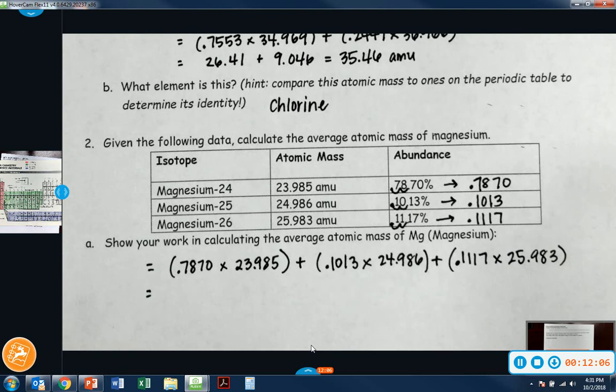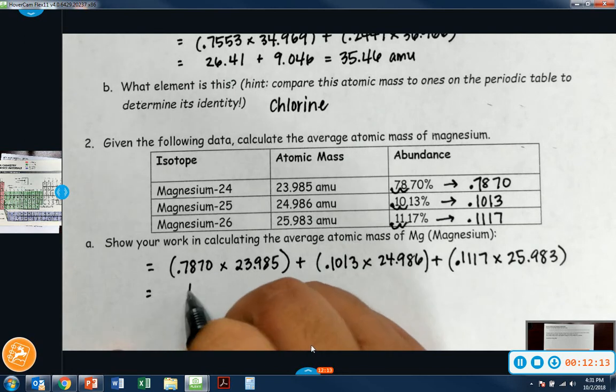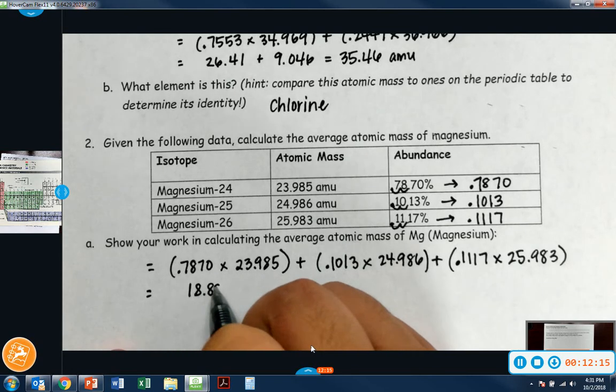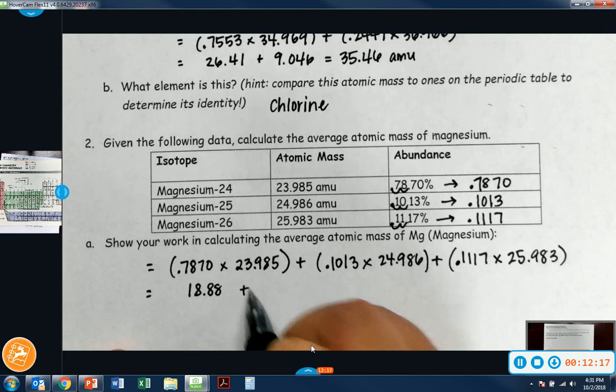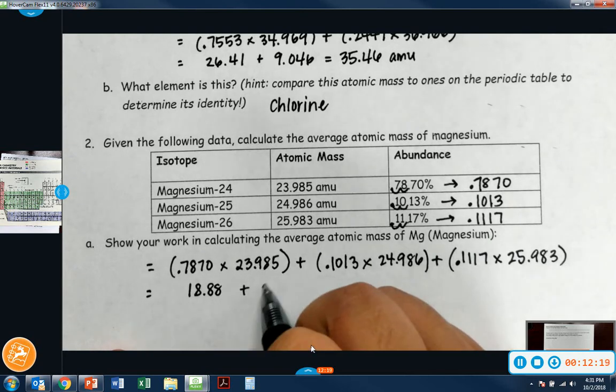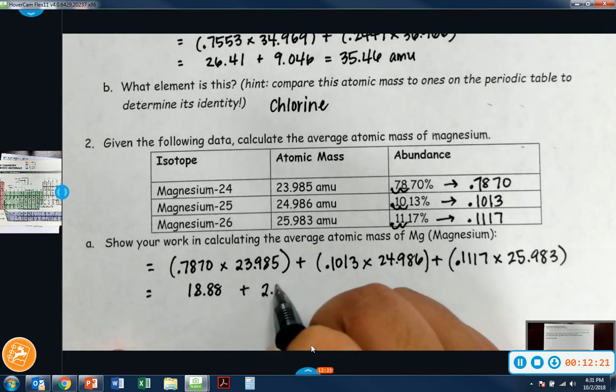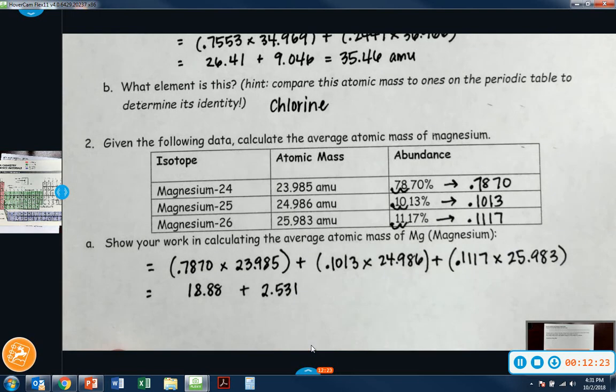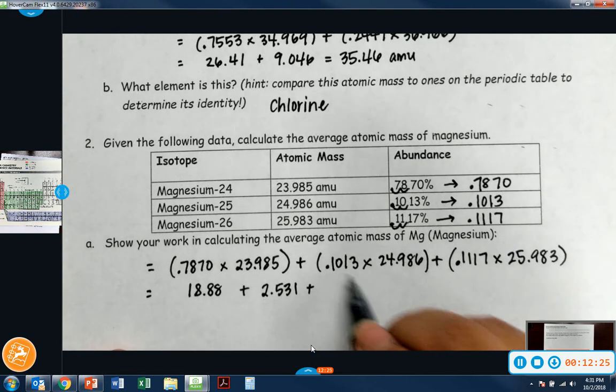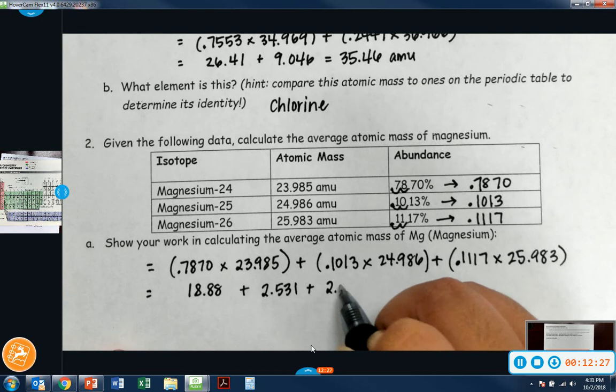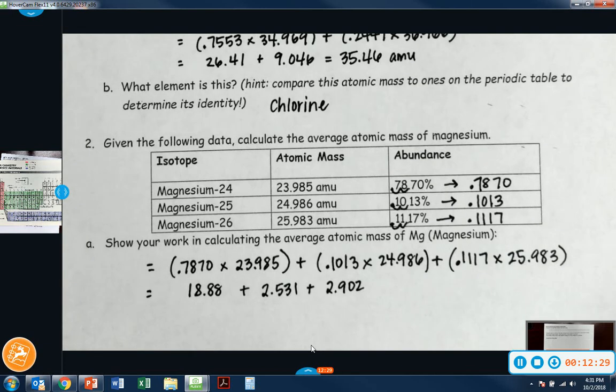Okay, so if we multiplied our first isotope, the number that we should have gotten was 18.88, plus our second isotope came out to 2.531, and then lastly our third isotope, 2.902.